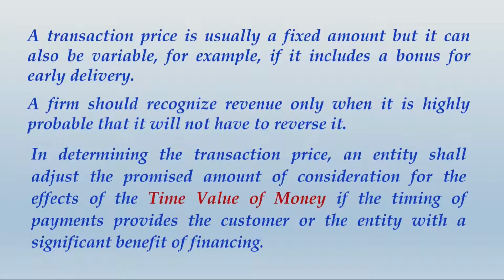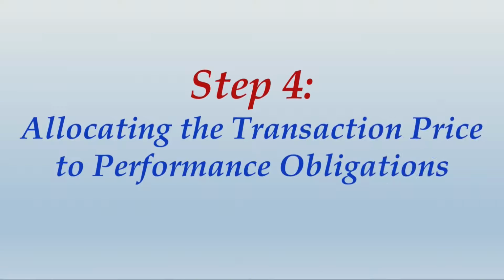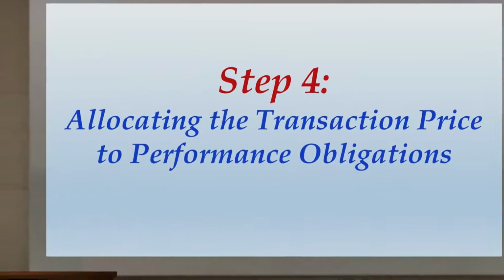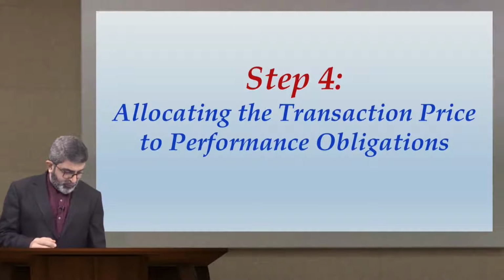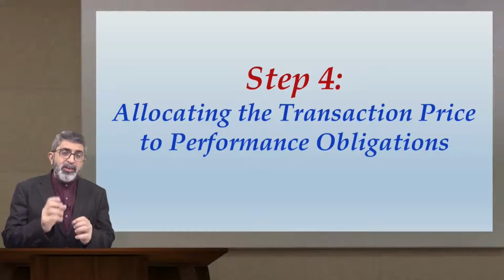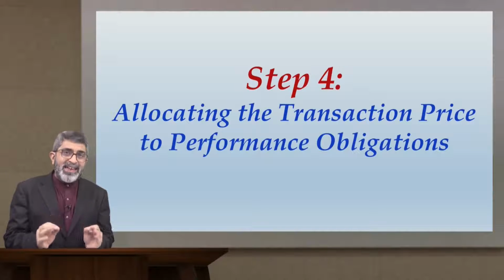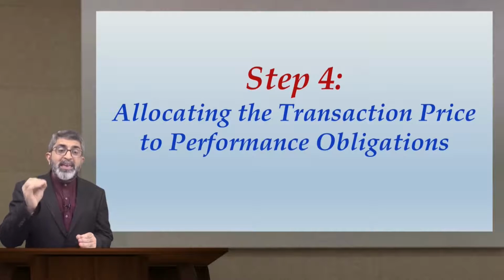Alright friends, once you have completed writing these points, let us move ahead and enter the fourth step, that is allocating the transaction price to performance obligations. Let me remind you very importantly that the term performance obligation is always used in the plural sense: performance obligations.